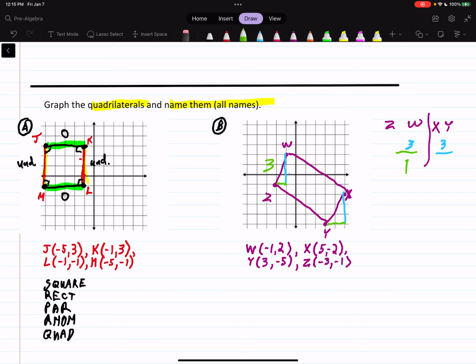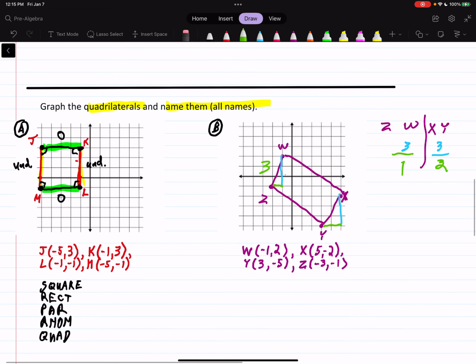I think I miswrote this, but let's go ahead with it as is. I think in your book the example actually has a slightly different drawing. So we're going to get 3 over 2. So we know that XY and ZW are not parallel because they have different slopes. This slope here is 3 over 2, and this one over here is 3.